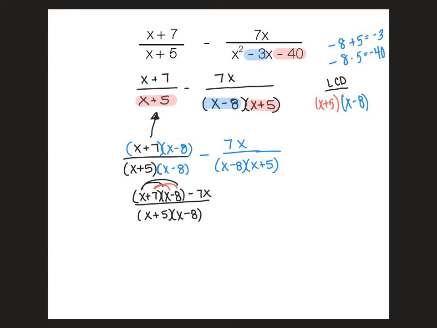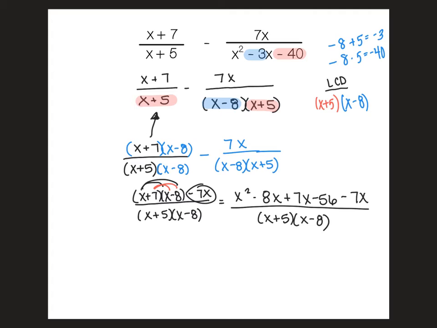The first time I distribute, I get x squared, then negative 8x plus 7x minus 56. Then I also have this minus 7x. Then I'm going to combine my like terms.